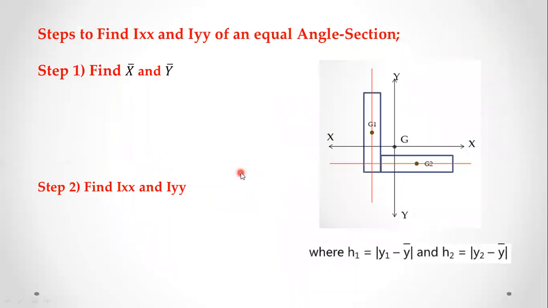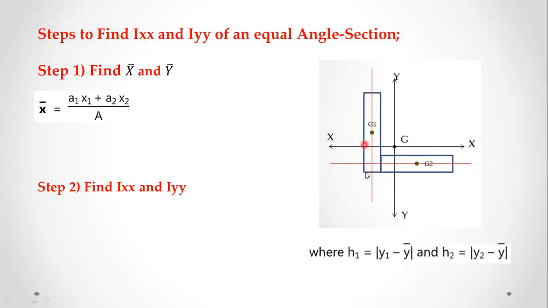So there are only two steps to find Ixx and Iyy of an equal angle section. Step number one, find x bar and y bar using standard formulas. We know the formula of x bar is equal to a1 x1 plus a2 x2 divided by A. a1 is the area of one leg, a2 is the area of the other leg, x1 is the distance of g1 from the y-axis and x2 is the distance of g2 from the y-axis.